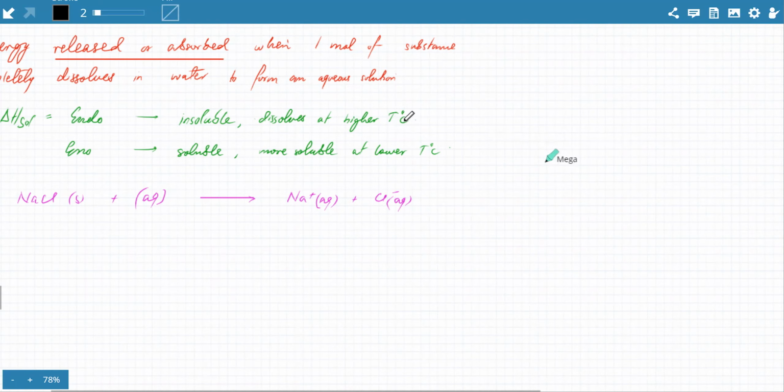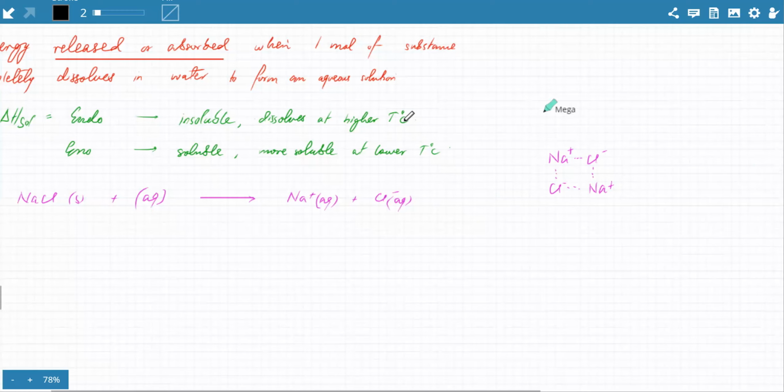So what is the process of dissolving? The first thing is like dissolving any substance actually. The particles in the substance attract each other, right? So if you take NaCl, it's going to be forming a crystal.